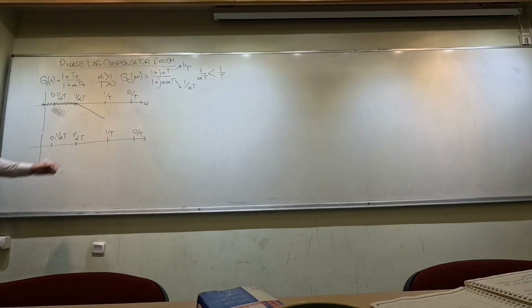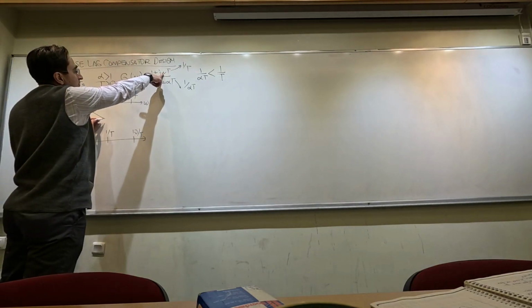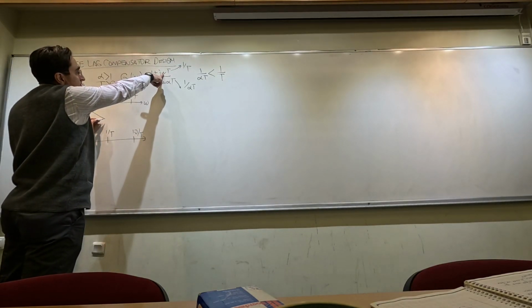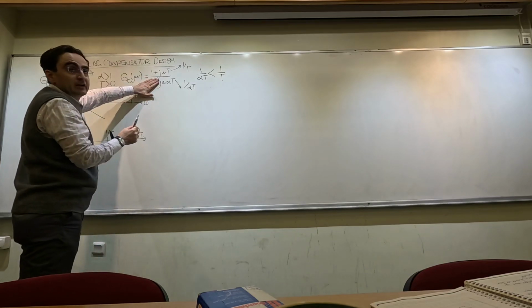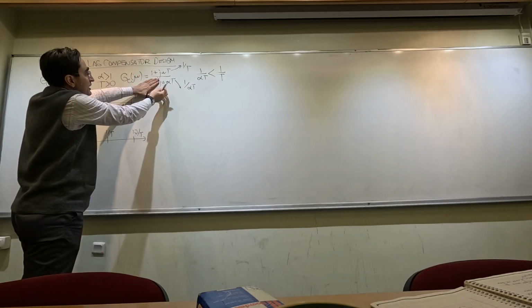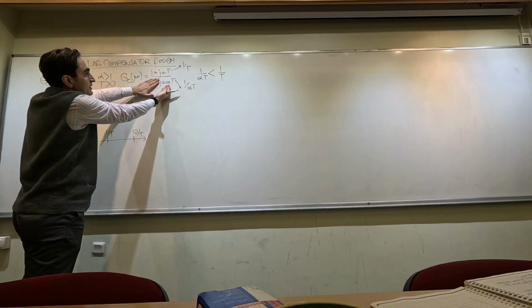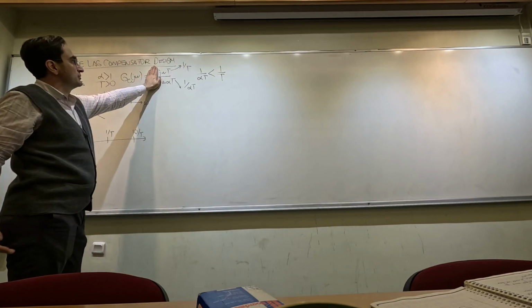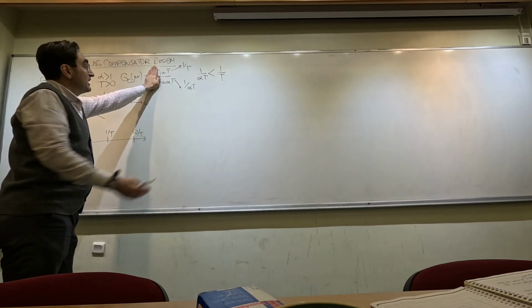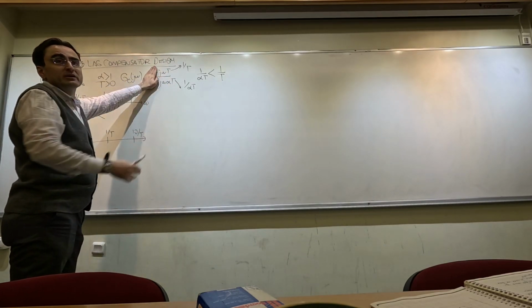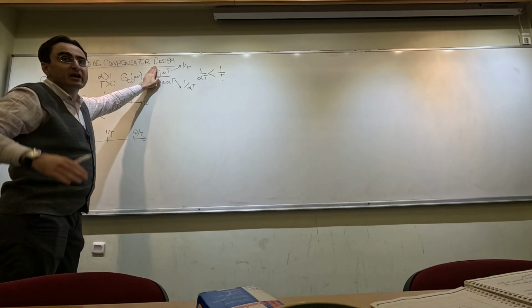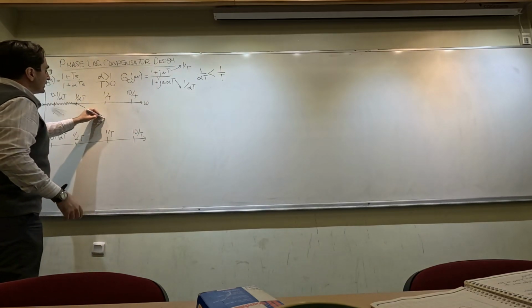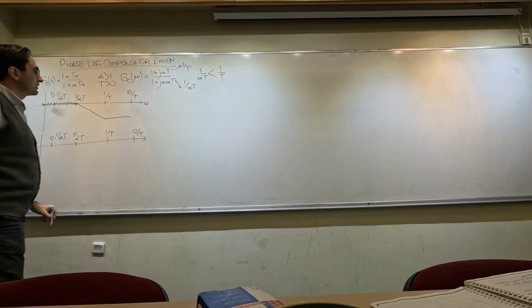Finally, we are going to hit the corner frequency of the numerator, and the transfer function behaves like this around there. The j omegas are cancelling, so it is going to be a constant gain in that case.